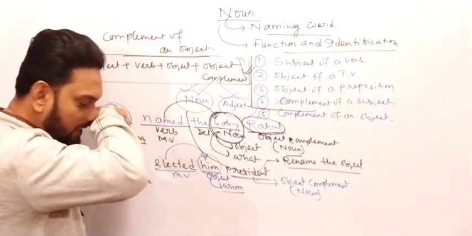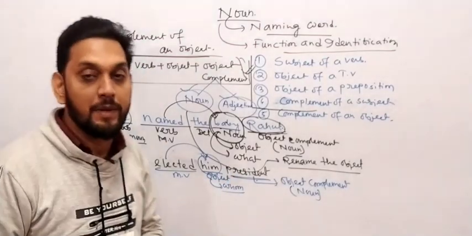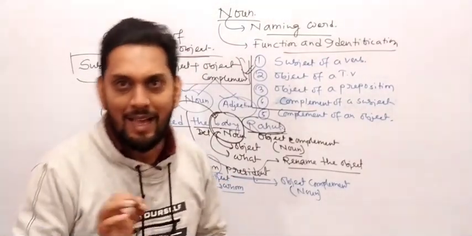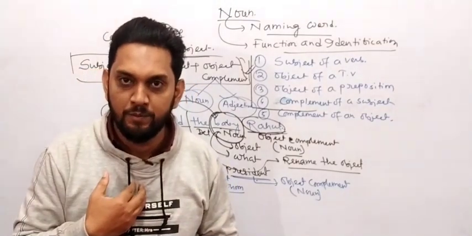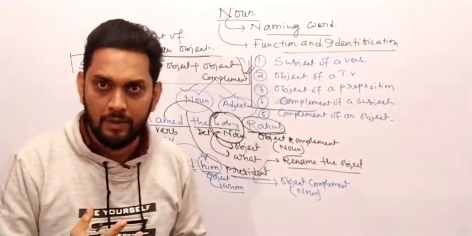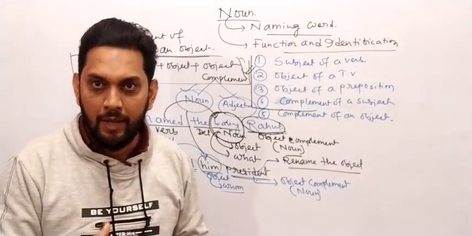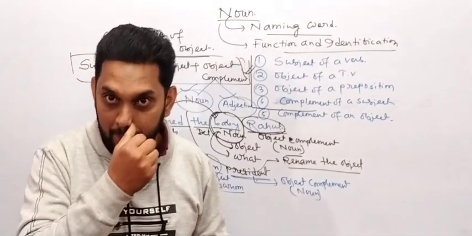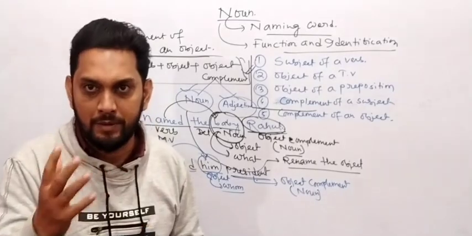Now the question is how, sir? We elected him president, which means that this guy previously was a normal person like us. He did not have any status in society. He was called by everyone Ram, Rohit, Rahul, whatever the name.